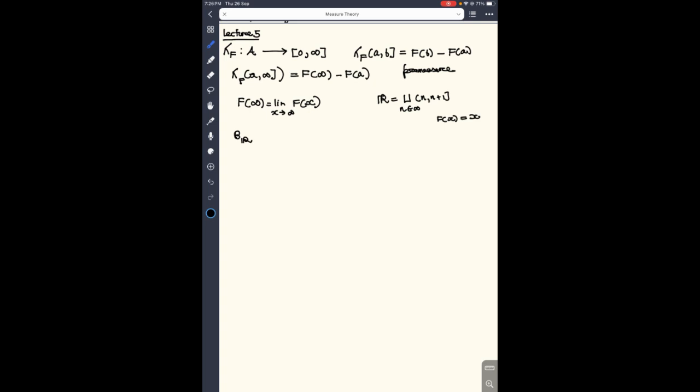In fact, we know it can be extended to M, the set of all mu star measurable sets, and we will try to see if it can be uniquely extended up to the Lebesgue sigma algebra. So it can be uniquely extended to the sigma algebra generated by the algebra. The algebra consists of all half open closed sets, so it generates the Borel sigma algebra, and the sigma algebra of all mu star measurable sets is called the Lebesgue sigma algebra.